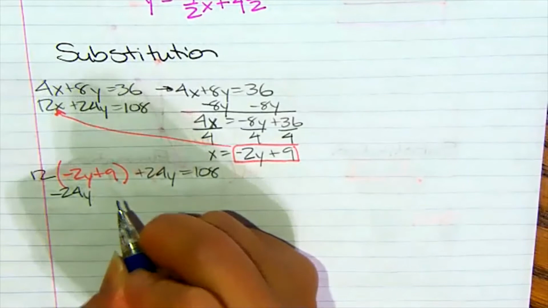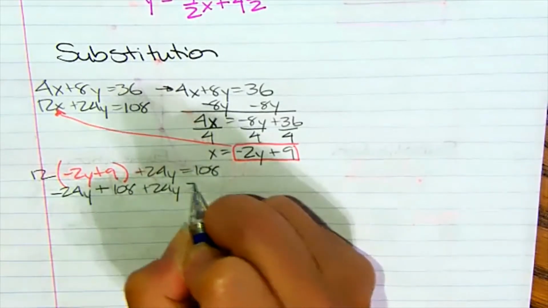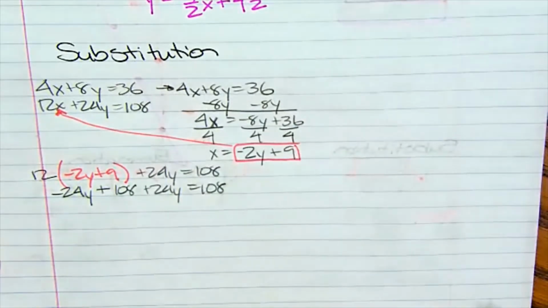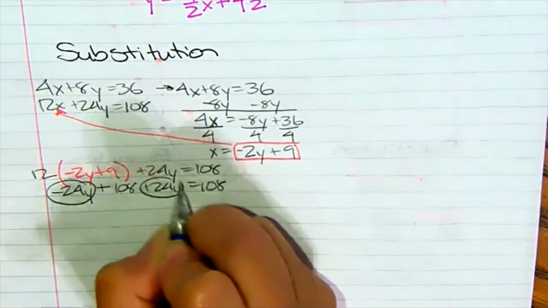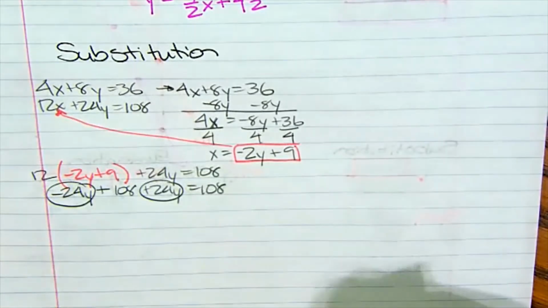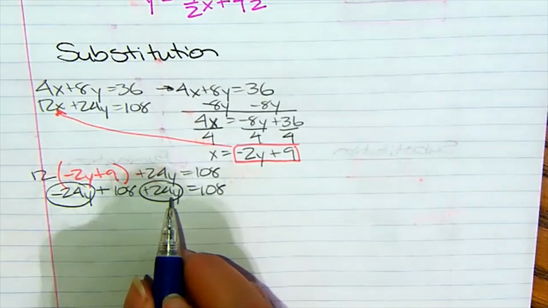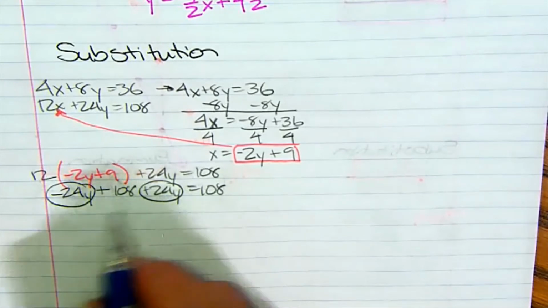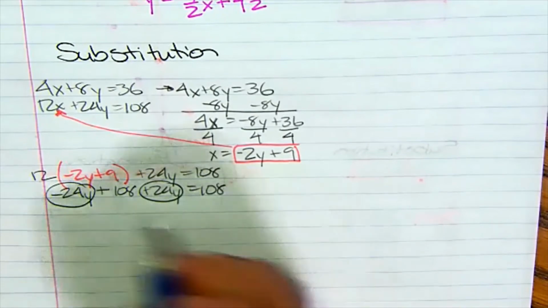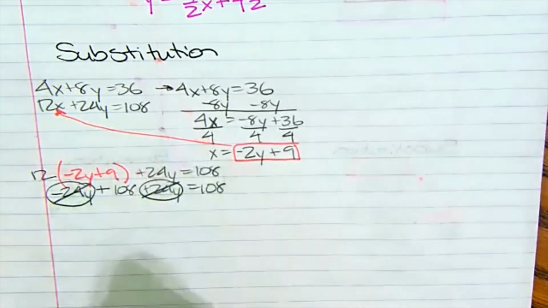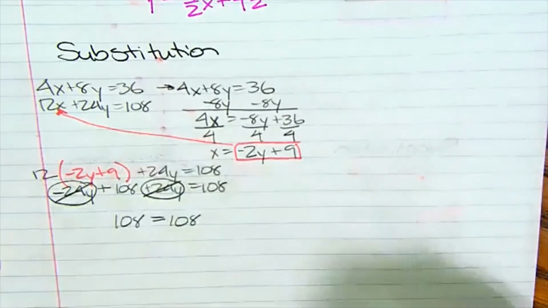Negative 24y plus 108 plus 24y equals 108. Let's combine like terms. Hey, wait a second. Negative 24y plus 24y, they cancel each other. That's like a 0. So I now have 108 equals 108.